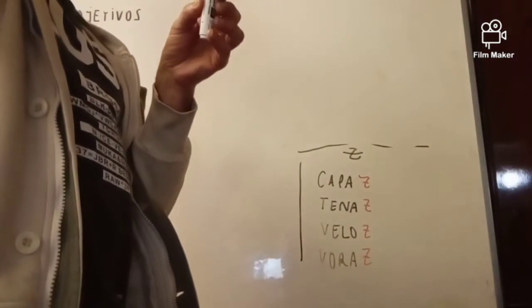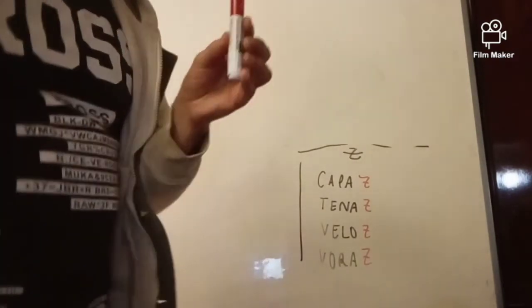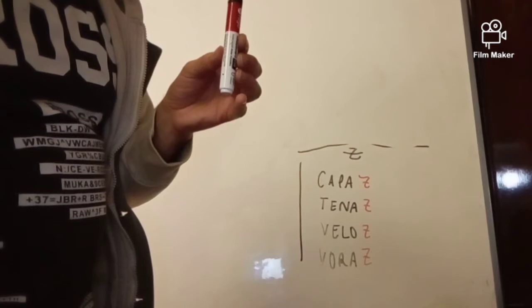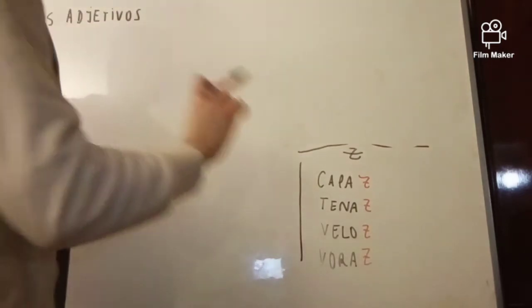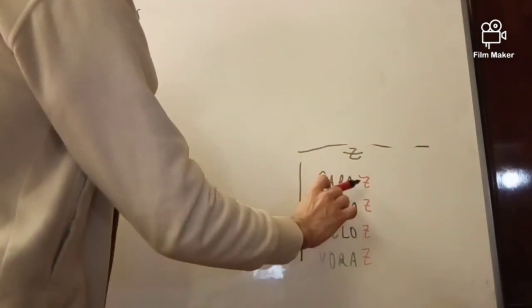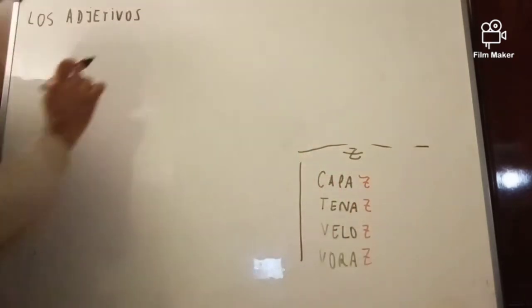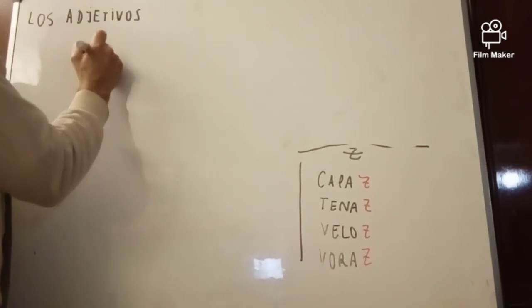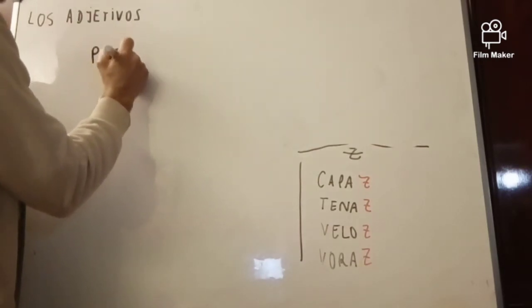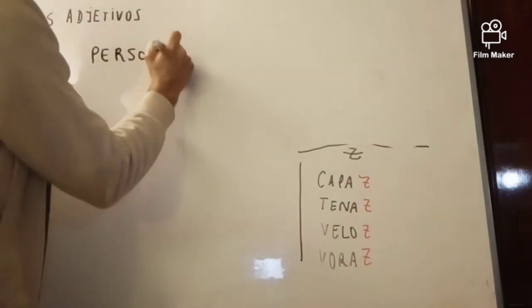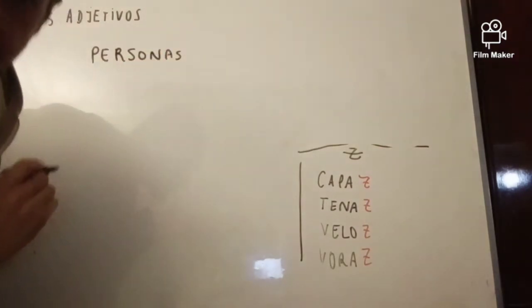What we have to do doesn't make any change in pronunciation. Un hombre capaz, una mujer capaz, un niño capaz. Personas capaces. And we have to do the following.